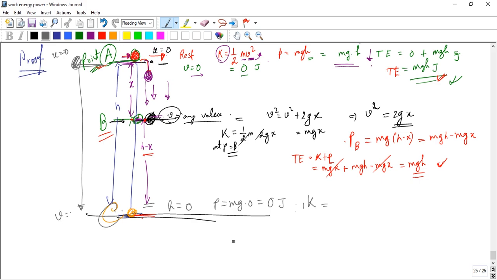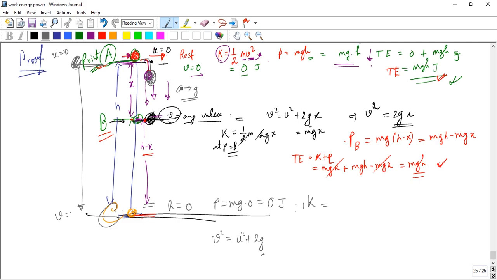What is v? From the third basic equation of motion, v square equals u square plus 2g. And why do we consider g? Because the body goes downward, the acceleration is due to gravity. So a changes to g, and x is the displacement.